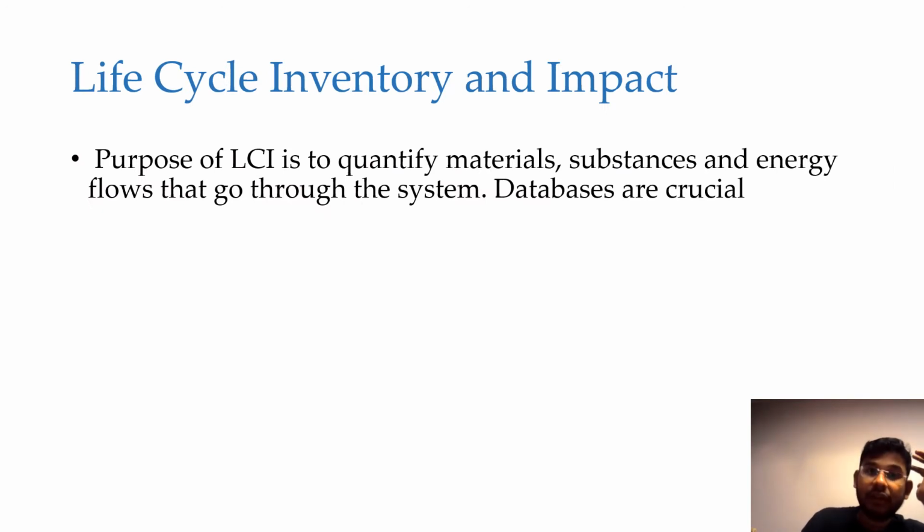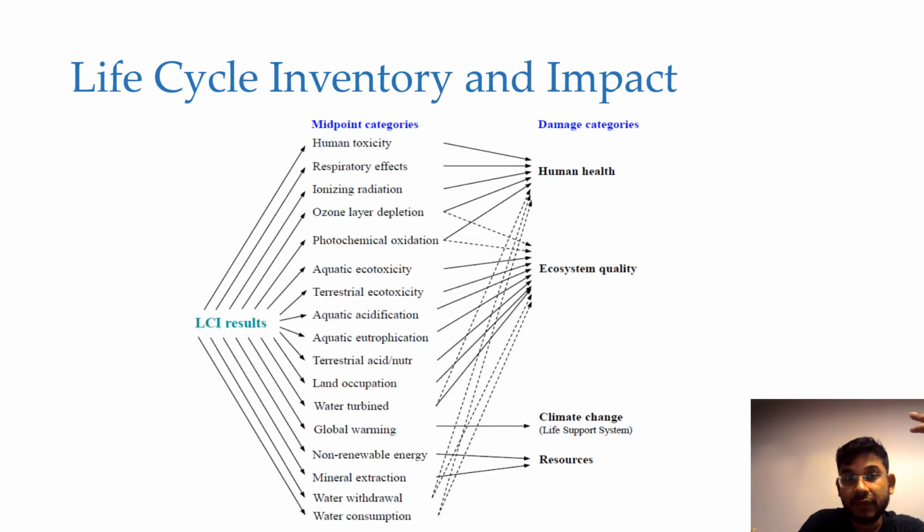So the life cycle inventory is basically used to quantify materials and energy flows that go through the entirety of the system. You have a lot of databases. Having a comprehensive database is really crucial. In the LCI results, these are the midpoint categories and these are the damage categories.